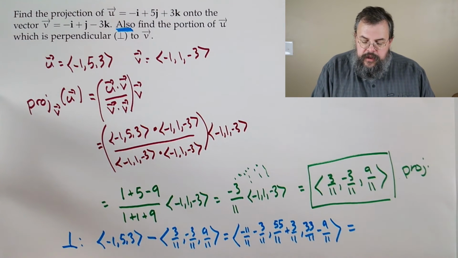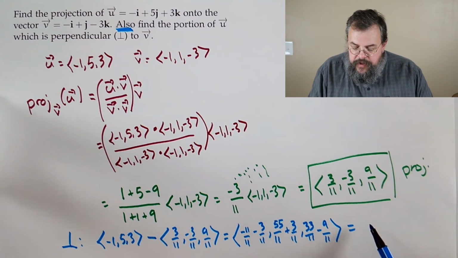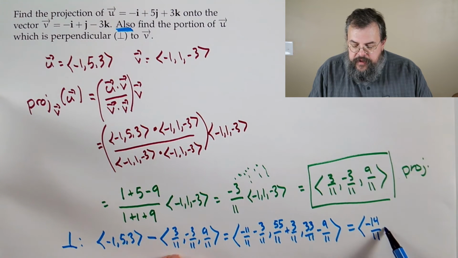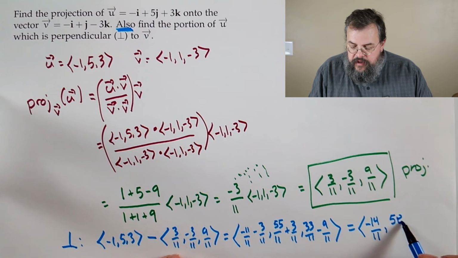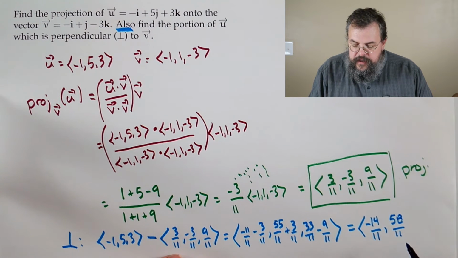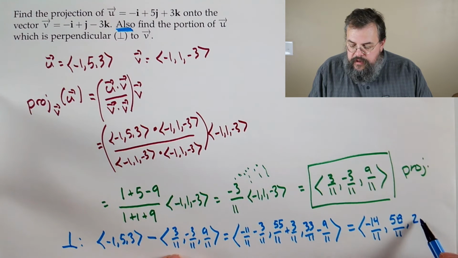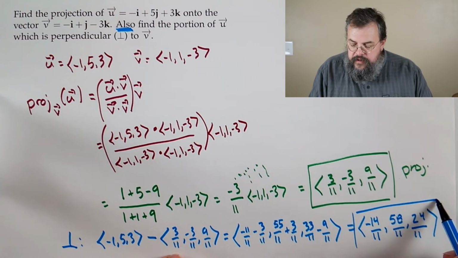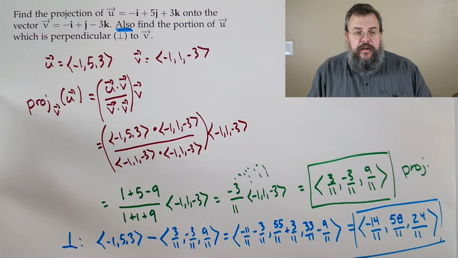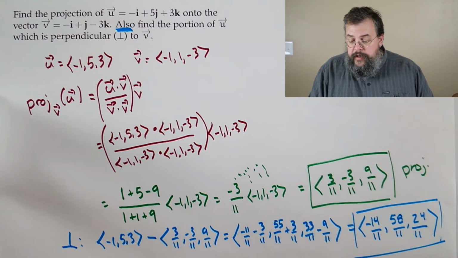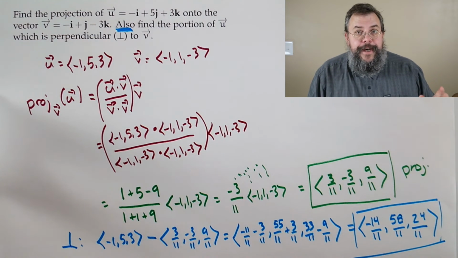And so we end up with minus 11 minus 3 is minus 14 over 11. 55 plus 3 is 58 over 11. 33 minus 9 is 24 over 11. And there we go. So this is the perpendicular part. So our projection and our perpendicular part, and we're done.